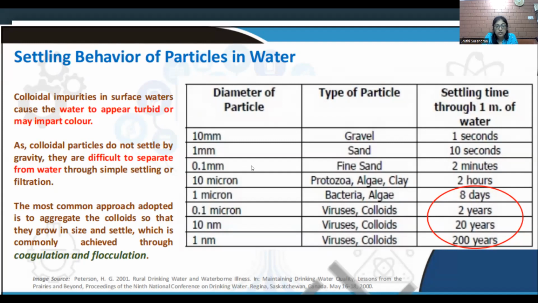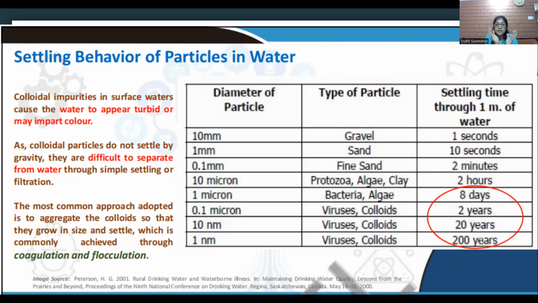We also read about the size of colloidal particles between 1 nanometer and 1000 nanometers, which is nothing but 1 micron. If you see here, the settling time for colloidal particles ranges from 8 days to 200 years. So it is not easy to make them settle by the process of sedimentation.